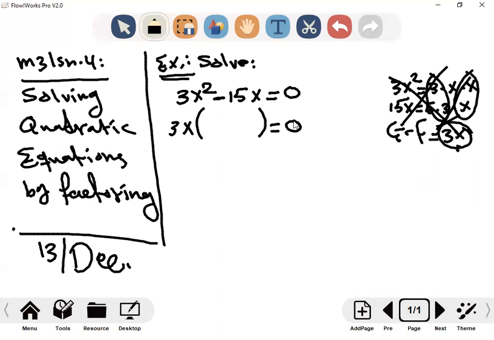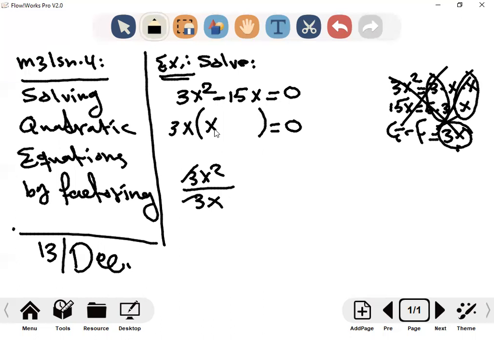Now you divide each term of the equation by your GCF. 3x² divided by 3x: 3 with the 3 is 1, and x² over x is x. x squared means x times x on top, and x on the bottom, so one x stays on top. Okay, we understood.